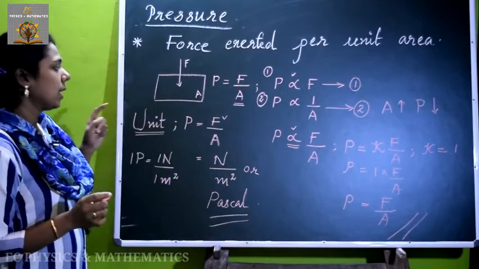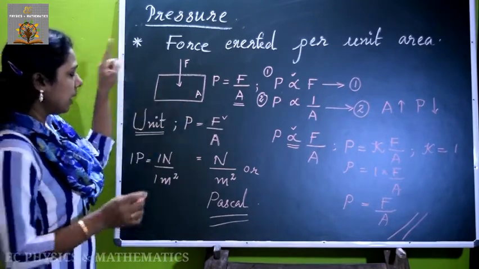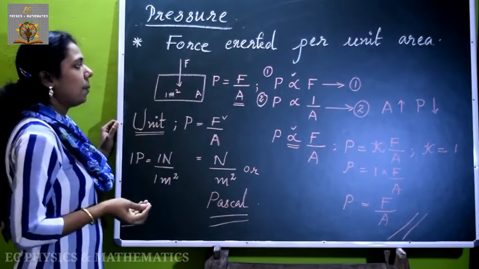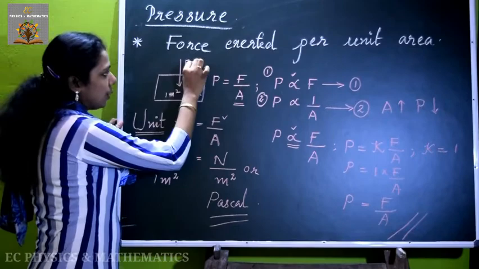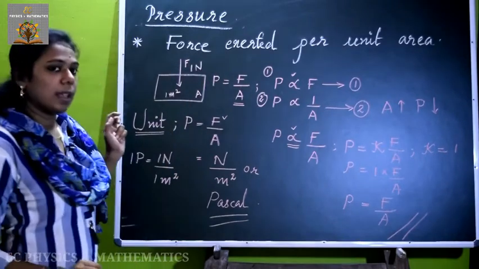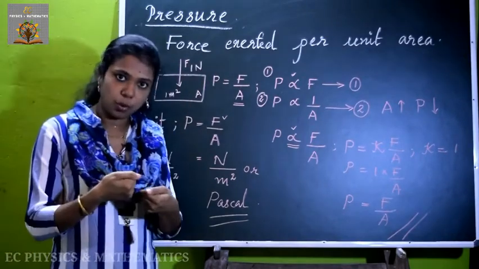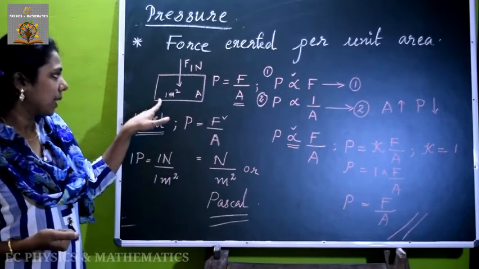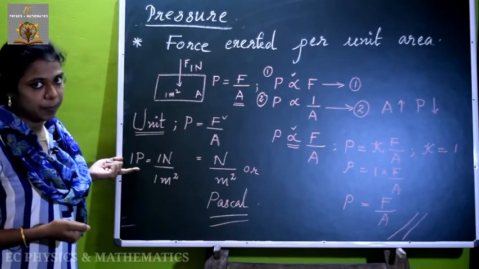That is, if the area is 1 meter square and we are applying a force of 1 Newton, then that pressure is 1 Pascal.